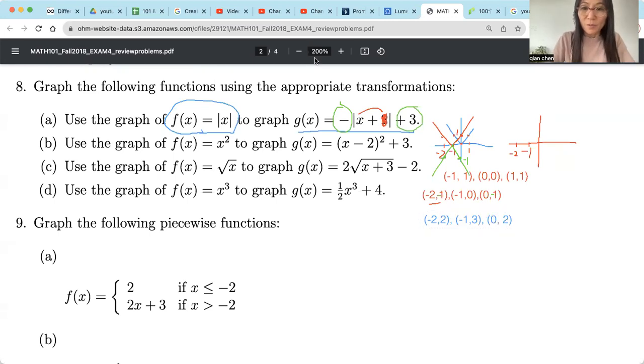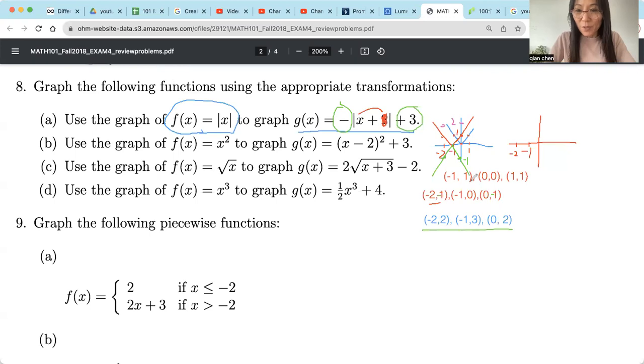Let me use a purple color. So -2, 2: I have this point.